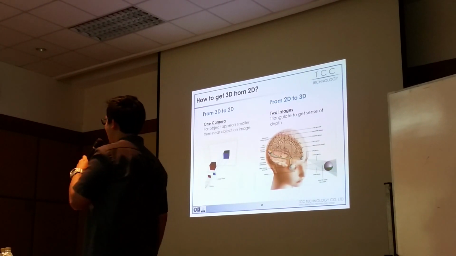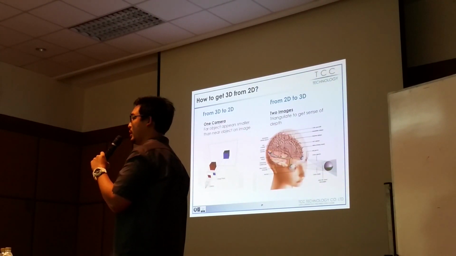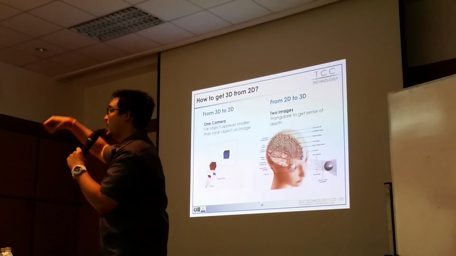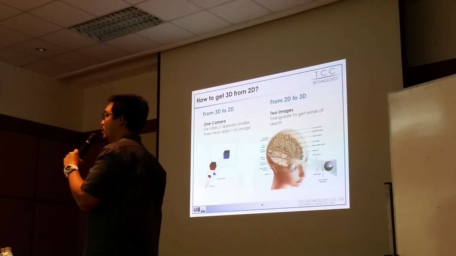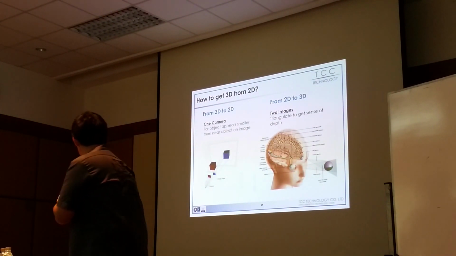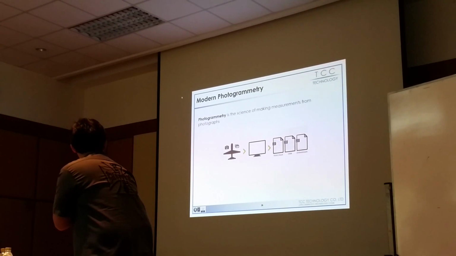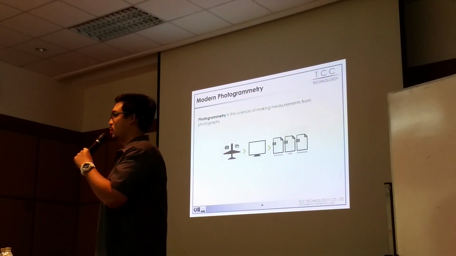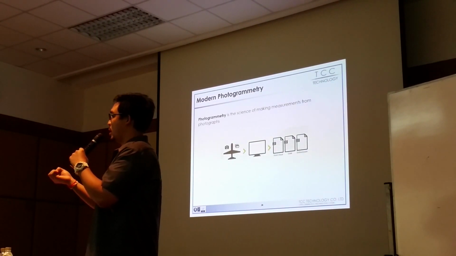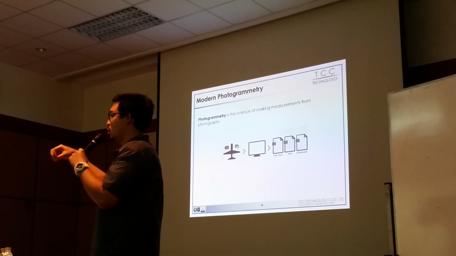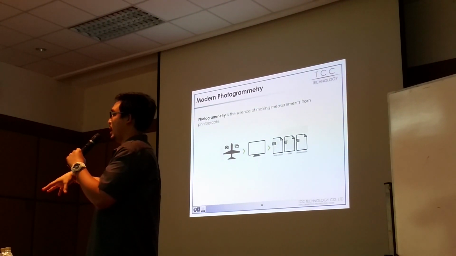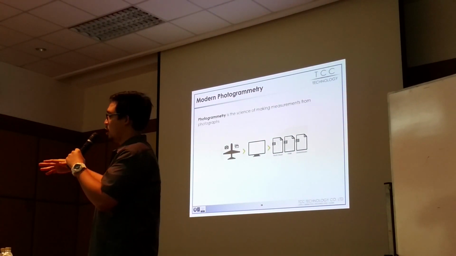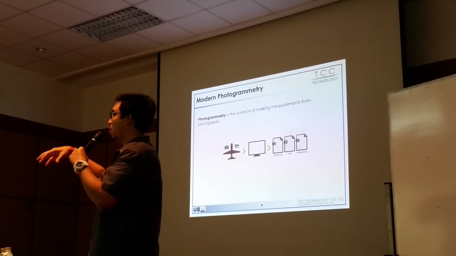Okay, now it's time for data processing. We have taken the images already, right? But what we want to produce is what we call an orthophoto. An orthophoto is an image that was collected with its location and with the orientation of the camera.